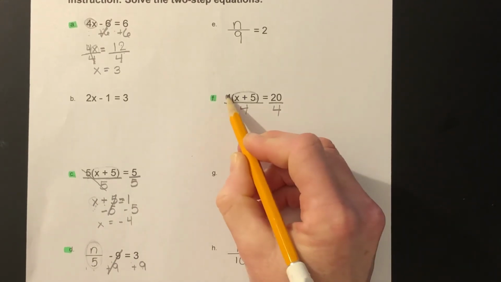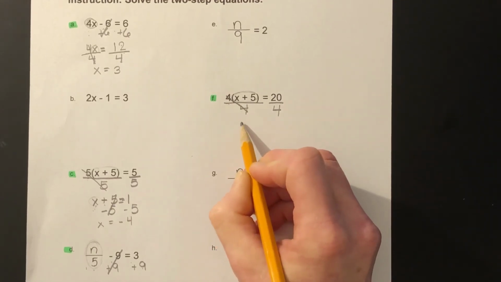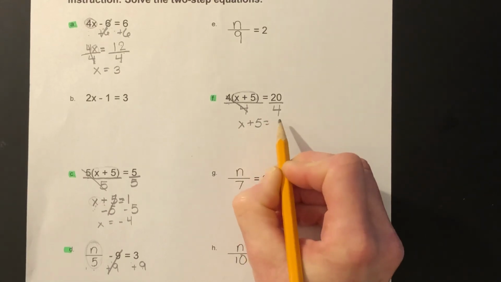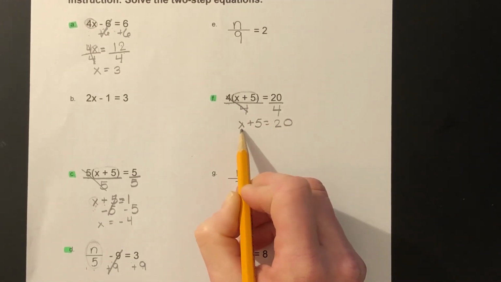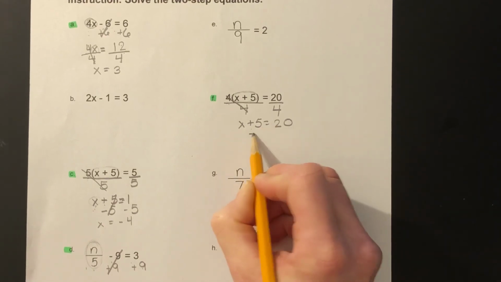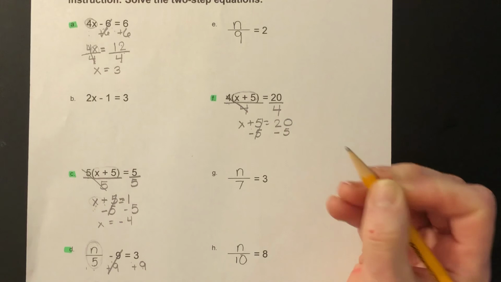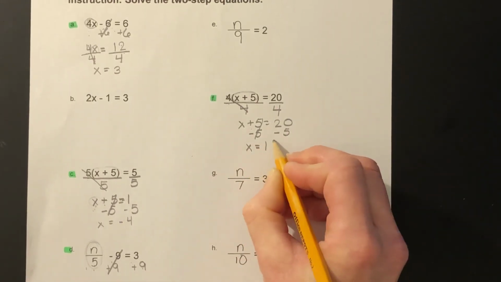When we do that, that cancels out, and we get x plus 5 equals 20. To get x by itself, we do the opposite. Minus 5, minus 5. That cancels out. We're left with x equals 15.